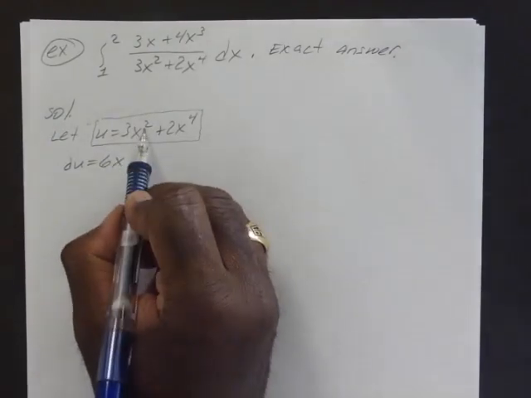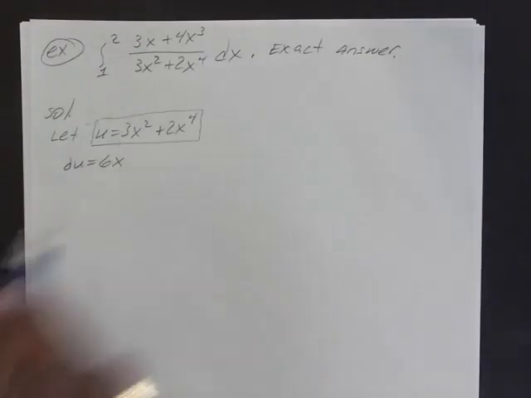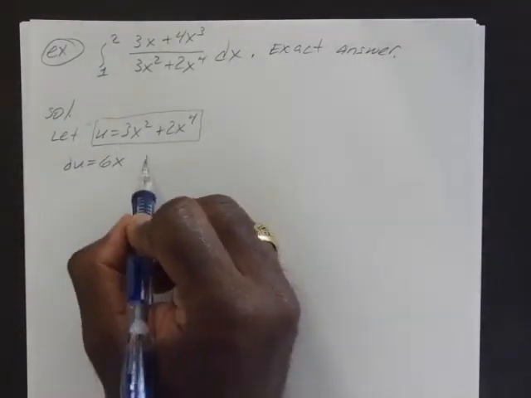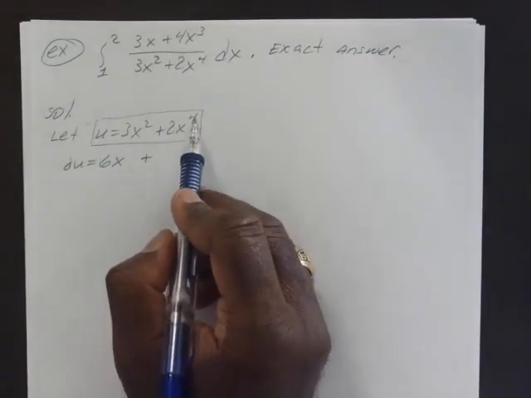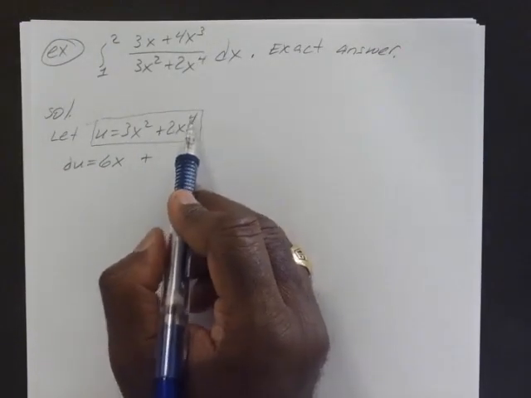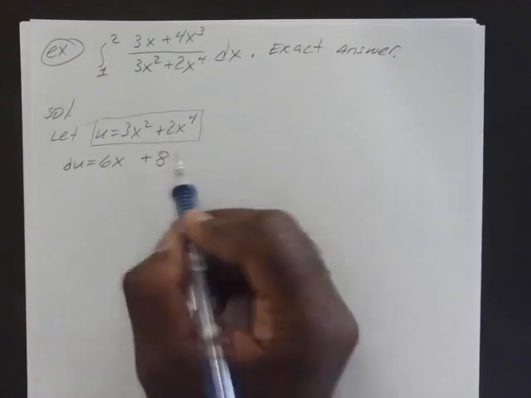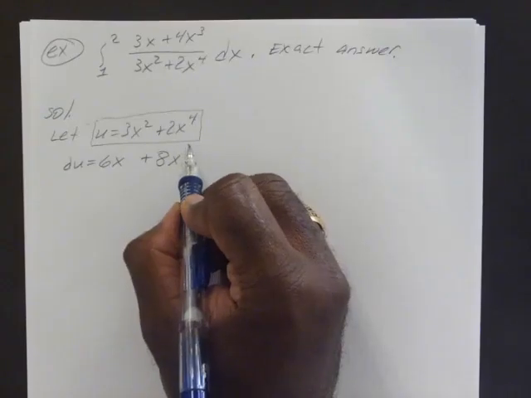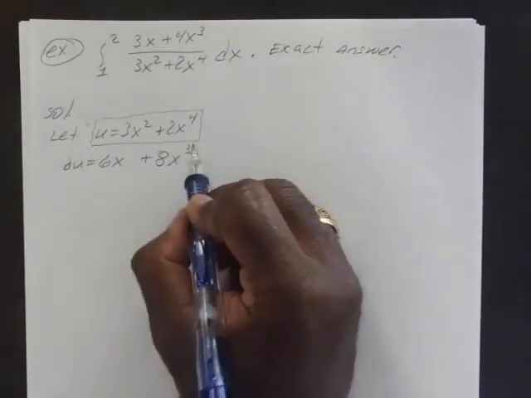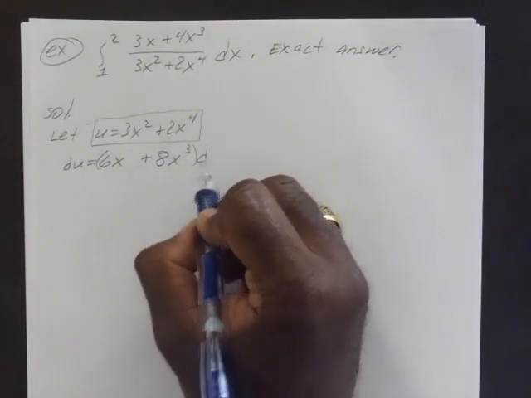So 6 times x to the power of 2 minus 1 is just 6x. Plus, we have 2 times x to the power of 4. The derivative of x to the power of 4, we can just bring down the 4. That makes it 8 times x to the power of 4 minus 1, which is 3. And that is with respect to x.